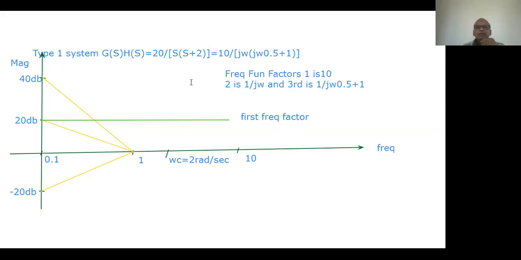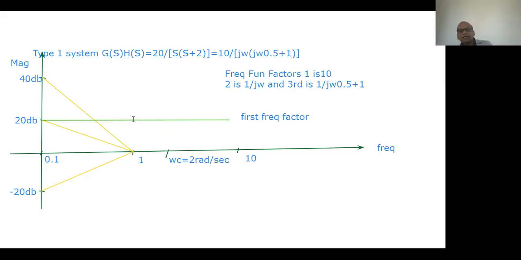And then consider the second frequency factor, that is 1 upon j omega. Say consider omega c equal to 1, or if you consider 10 divided by j omega, that has two asymptotes.